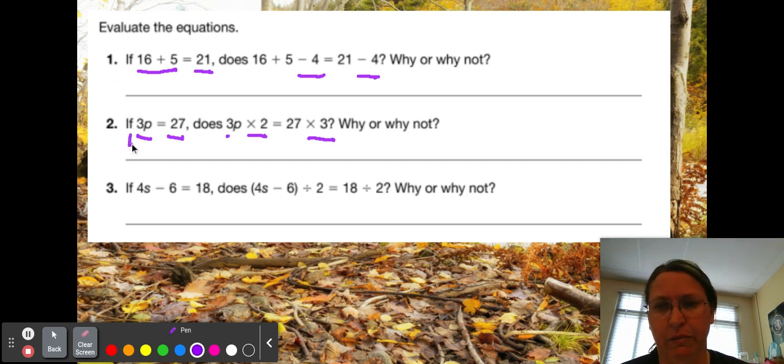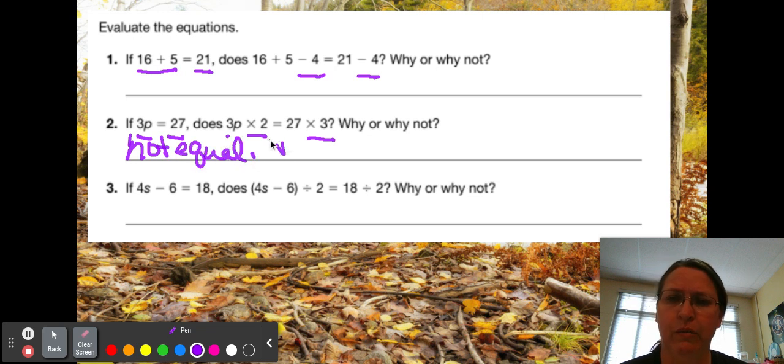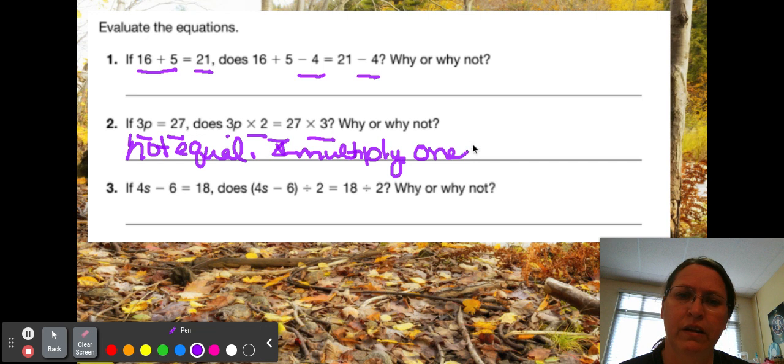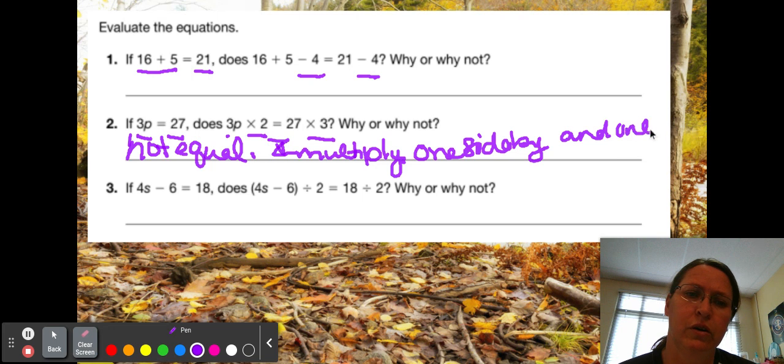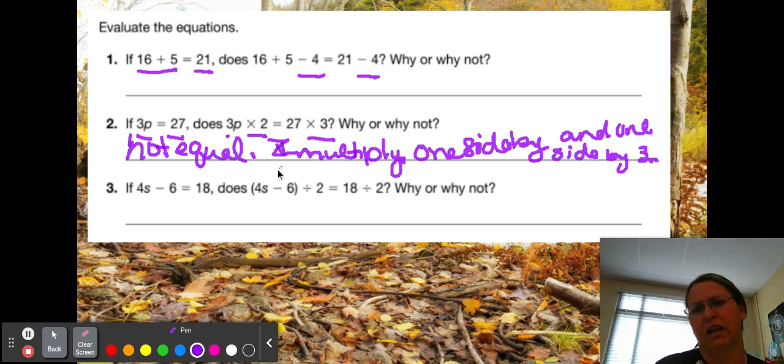So for this one, I would put they're not equal, because I multiply one side by 2 and one side by 3.